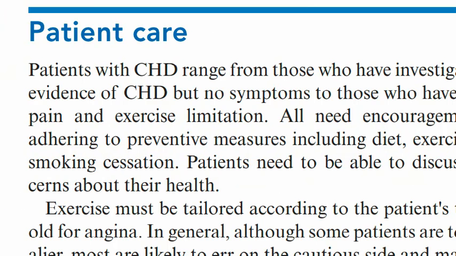Statins can be used. Other lifestyle management should be considered, like increased exercise, decreased smoking, etc. Lifestyle management should be there to reduce the symptoms or to reduce the acute attacks. Thank you. That's all about acute coronary syndrome.